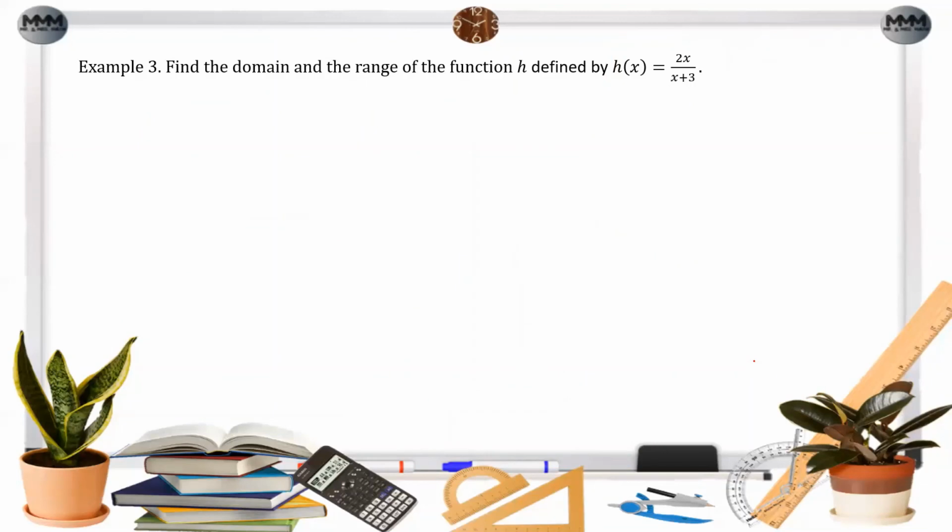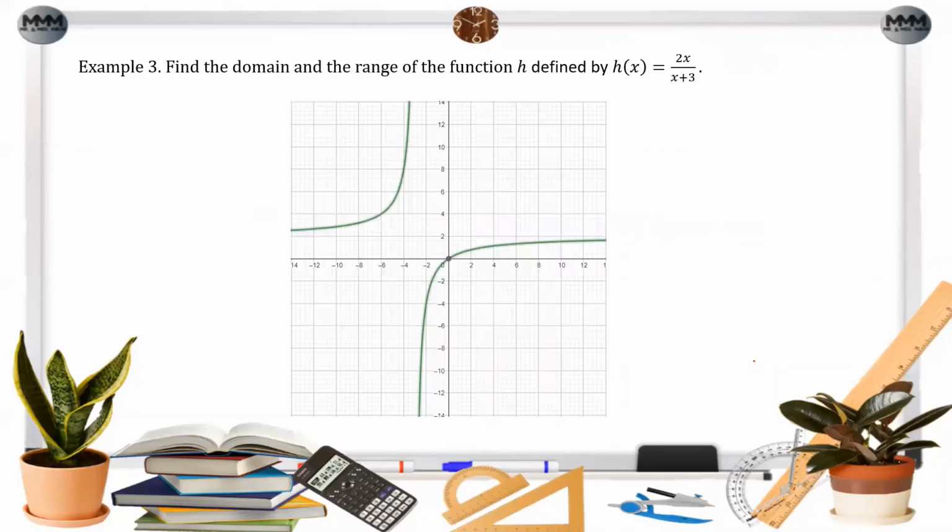So again, the graph of this function h, defined by this, is the green curve. We have here an asymptote line.